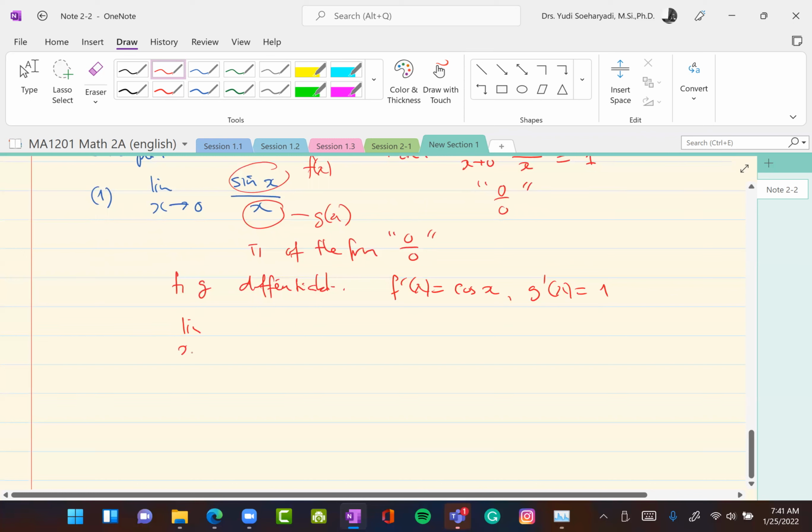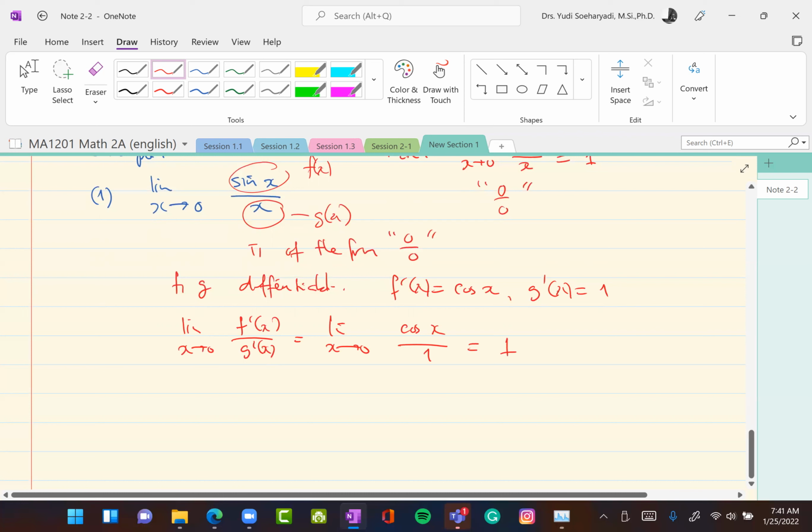So this limit is, let's see, cosine over 1. And this has a limit now because we just plug in x equals 0 into this one. We get 1.